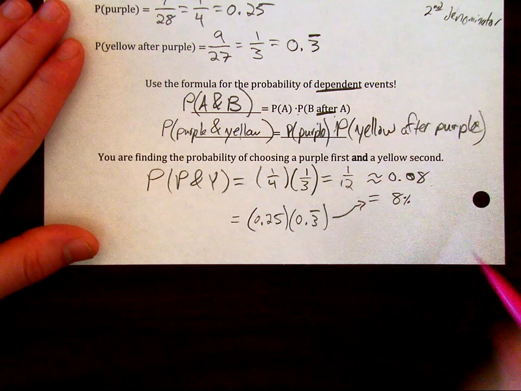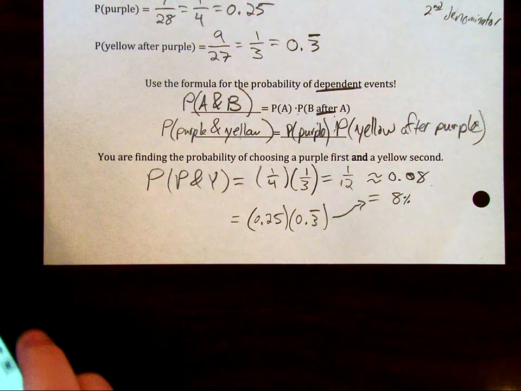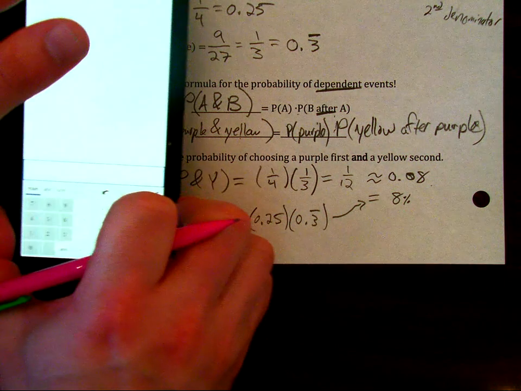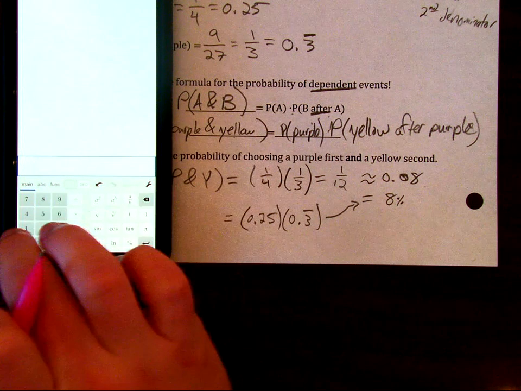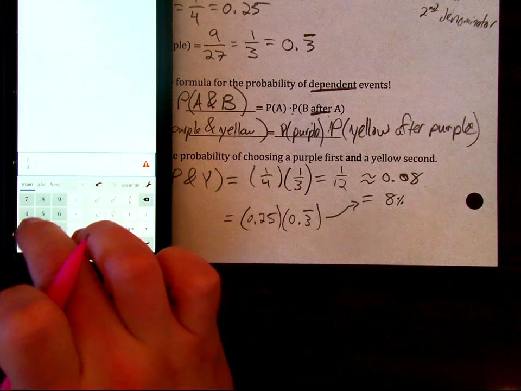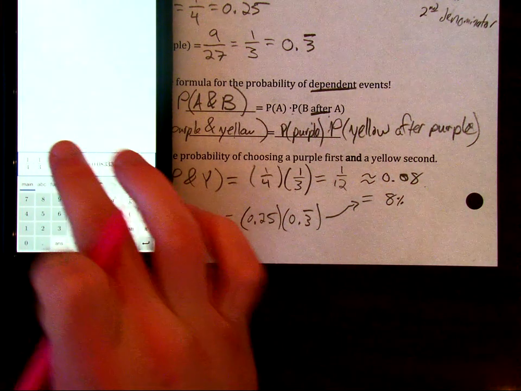Again, I can demonstrate on that decimal calculator for ourselves. We want 1/4, and then we say times 1/3. Then if we want to round, we use that round function.